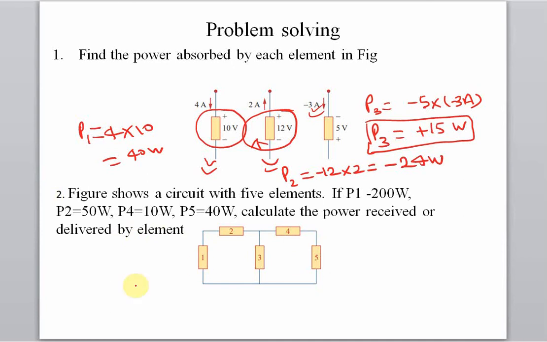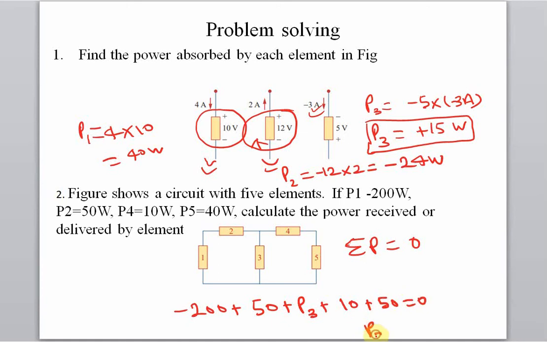So we have to do the summation of P equals 0. Okay, very simple. So P1 equals 20 watt, P2 equals 50 watt, P3 we have to find, and P4 equals 10 watt, and P5 equals 50 watt. So P3 we have 100 watt.